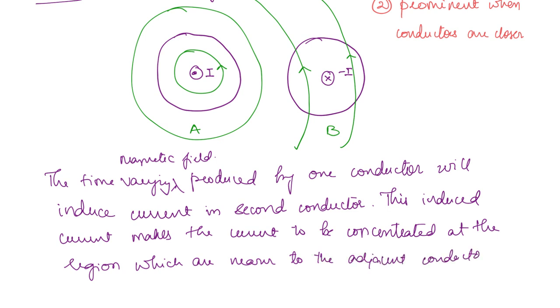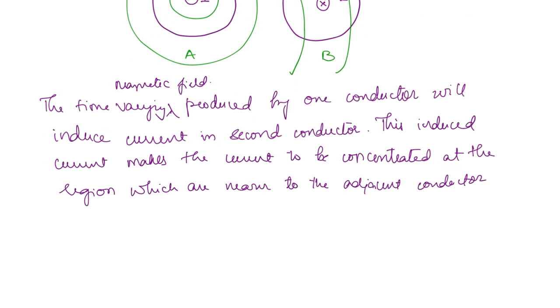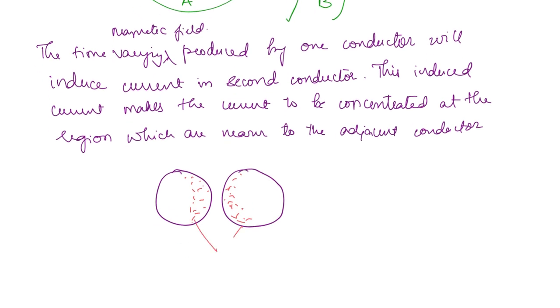So in this manner, for conductors carrying currents in the opposite directions, more current is going to be concentrated at the regions which are nearer to each other. So this is the current density.